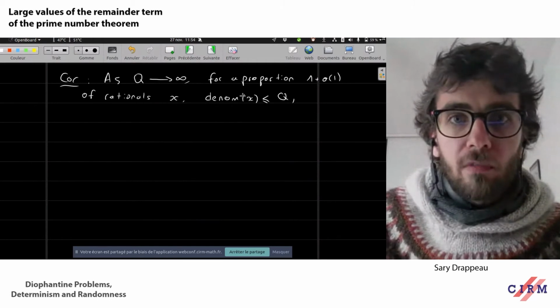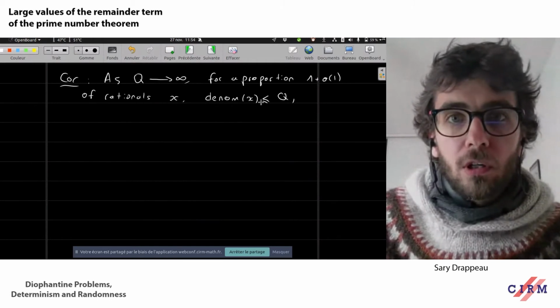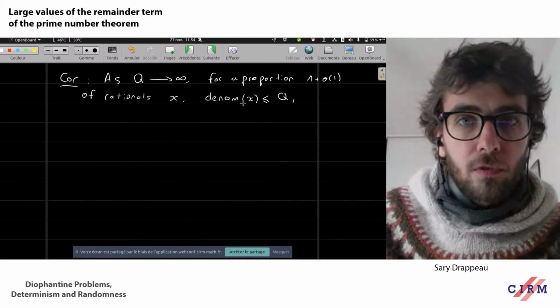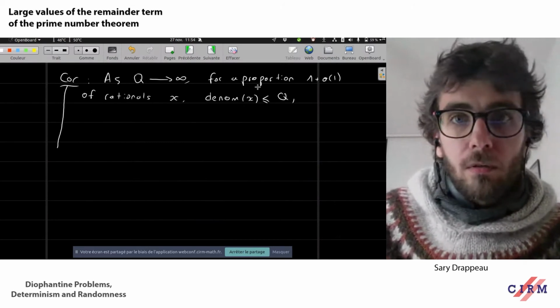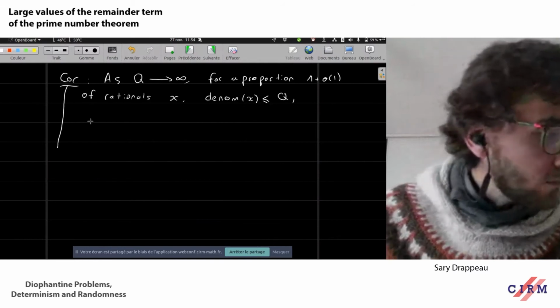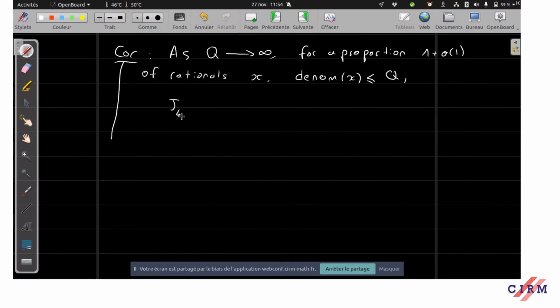So when you average over all rationals with denominator less than q, when you pick one at random, then for almost all of them you have the asymptotic formula that this thing is exponential of what I wrote before. It turns out that for almost all rationals there is a simple law of large numbers.